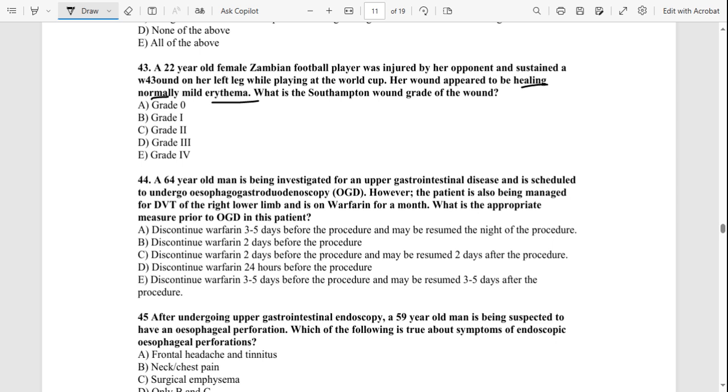And then 5 is a wound requiring surgical intervention. So that's the grading here. For this one, it has just erythema, so that is 1.